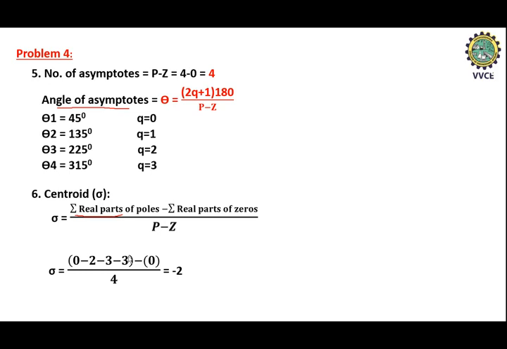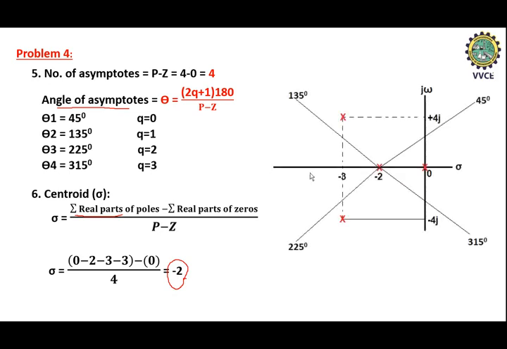Another one is minus 3 minus 4j. There also you consider the real part, that is minus 3. There are no zeros, so I'll put 0. P minus z is 4 minus 0, that is 4. So minus 8 by 4 is minus 2. This is the intersection point, the starting point of the asymptotes. It is the centroid. Let us draw all the directions on the s-plane. All the 4 poles are already located.